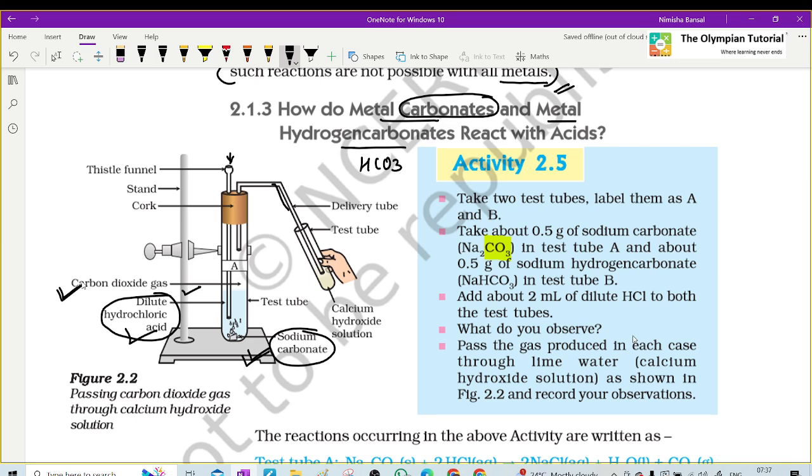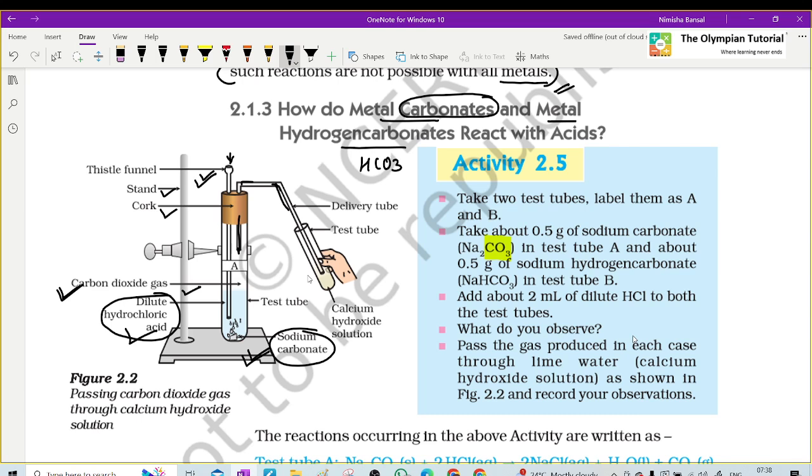This one is a thistle funnel, with a cork. This carbon dioxide will go here into lime water and turn it milky. We have done this, I think, in the first chapter. I told you about that.